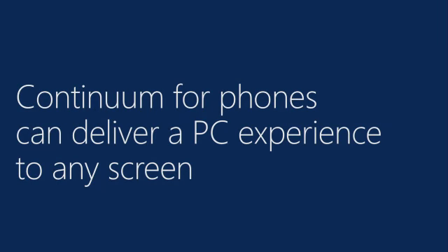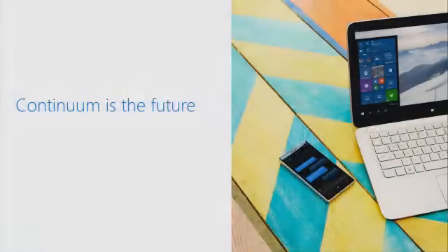So we talked today about how Continuum can light up a display and a keyboard and mouse. But we actually envision a world where the phone powers many more screens and experiences, where every screen can become a PC. So Continuum enables a new class of low-cost, flexible hardware that can be powered by the phone.